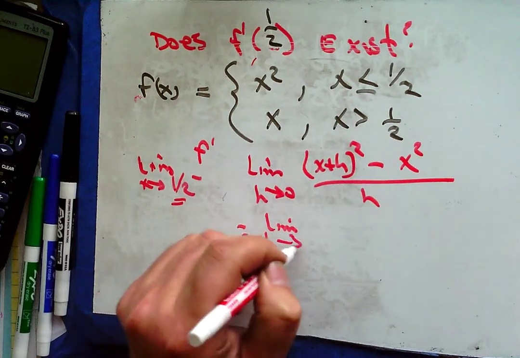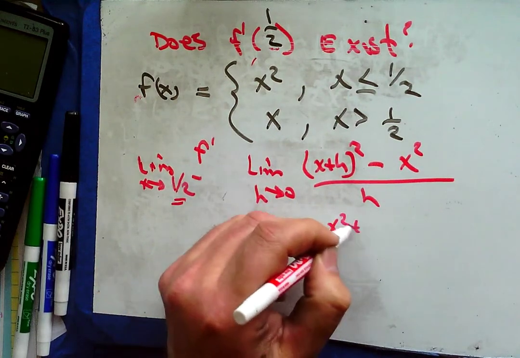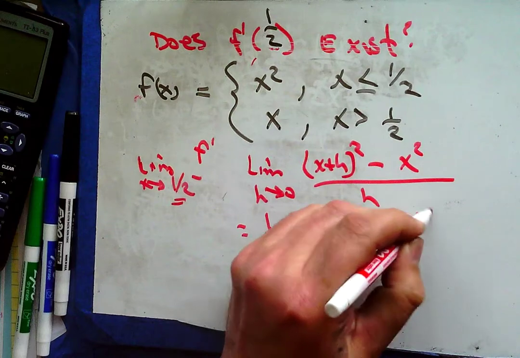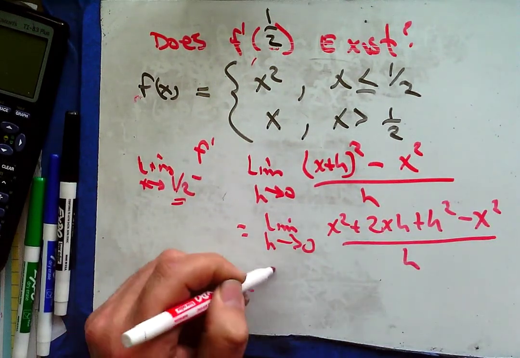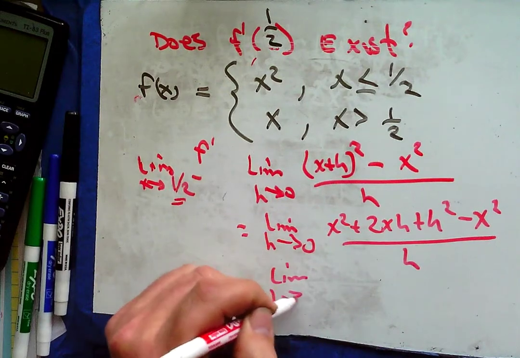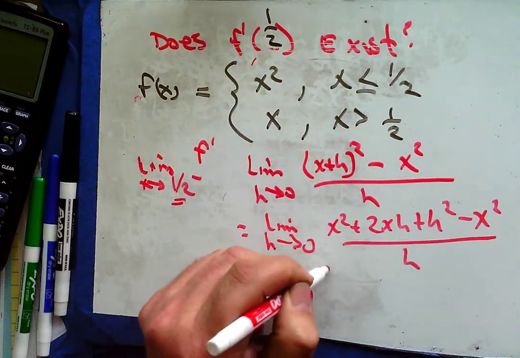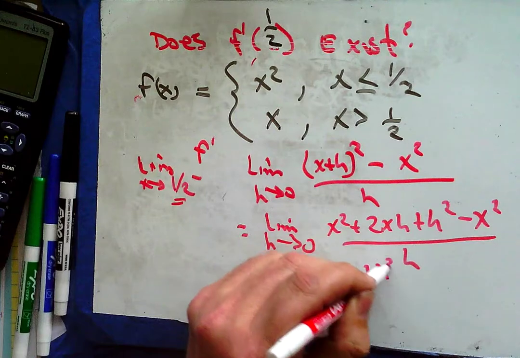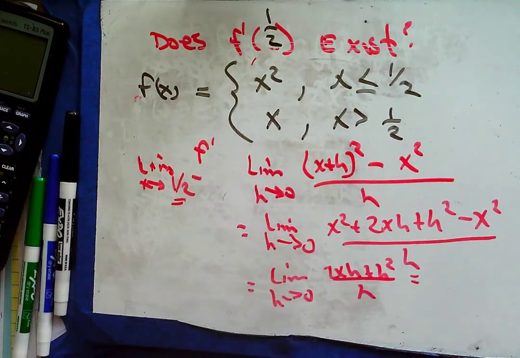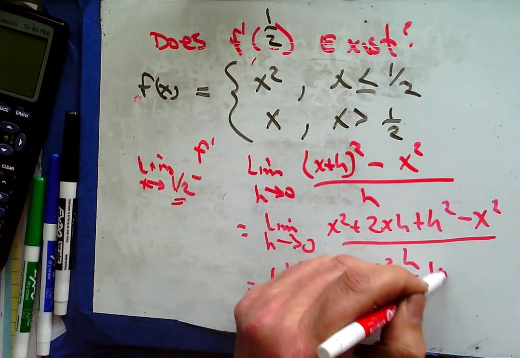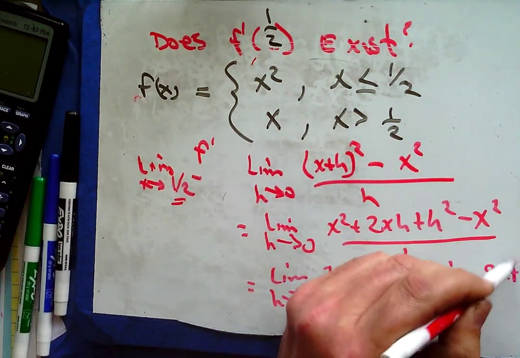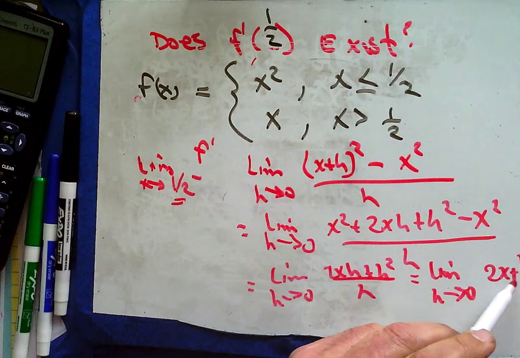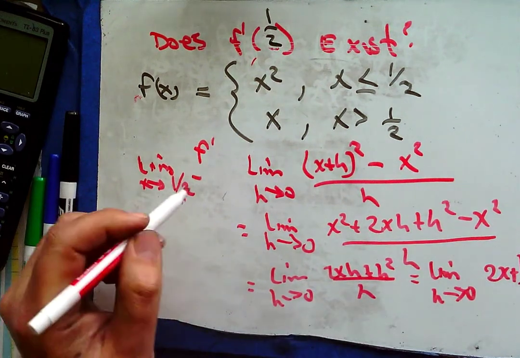Okay, so the limit as h heads to 0 of x squared plus 2xh plus h squared minus x squared over h. The x squareds cancel, leaving 2xh plus h squared over h. And then we can pull out that h from everywhere. The limit as h heads to 0 of 2x plus h. And when I plug a 0 in for h, I get 2x.